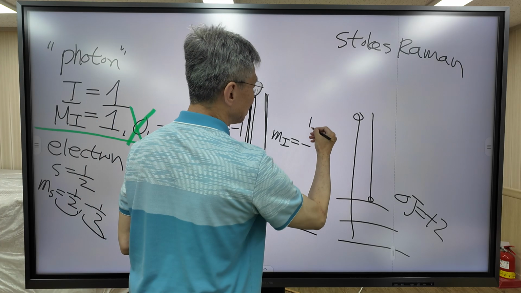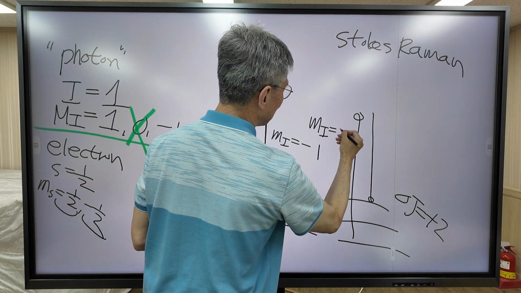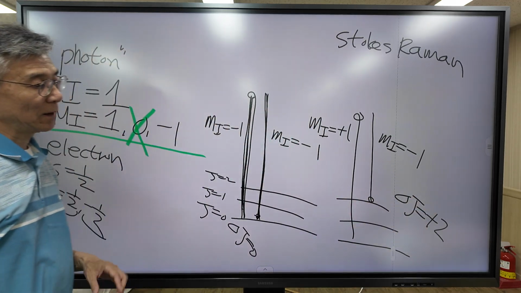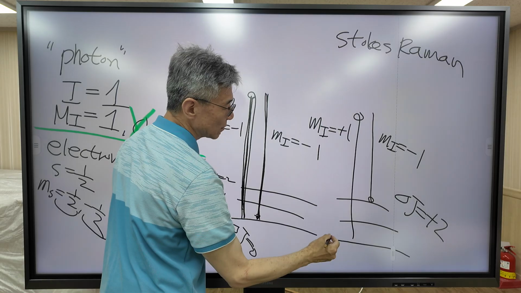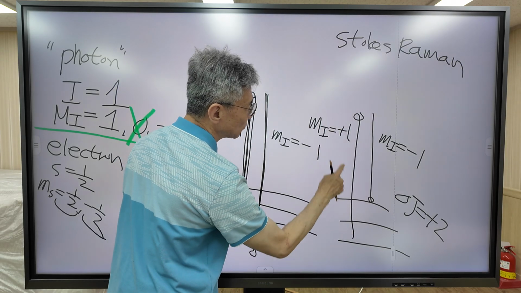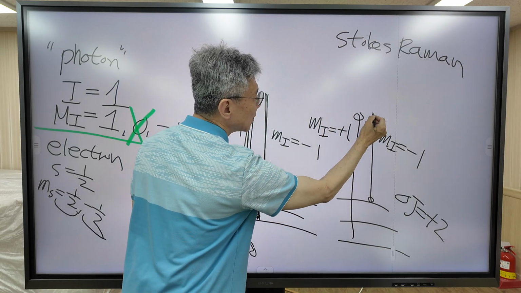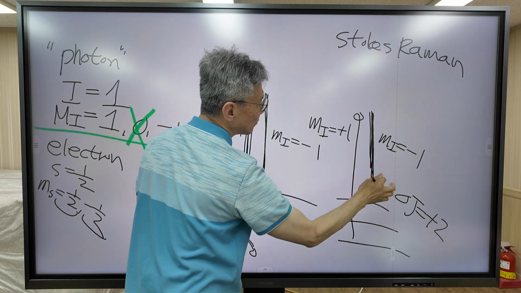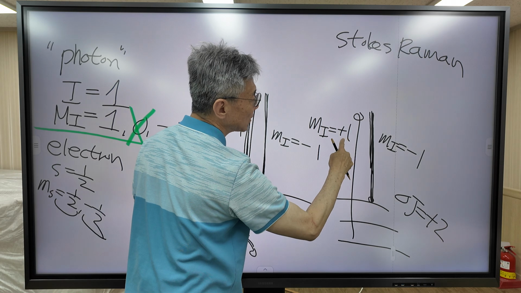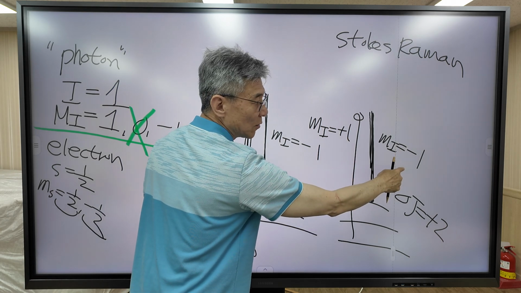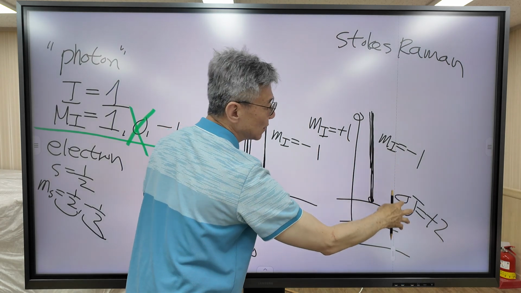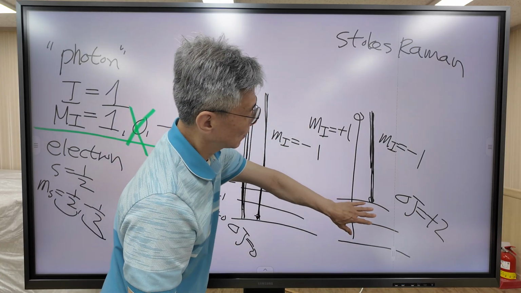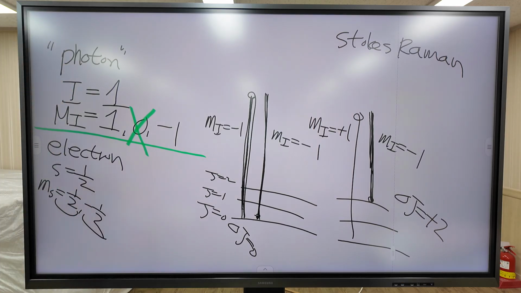The spin angular momentum of incoming photon is plus 1, and the quantum number of outgoing photon is minus 1. So angular momentum decreased by 2. So it is compensated by the increase in quantum number of molecule by 2. This is the Stokes-Raman scattering.